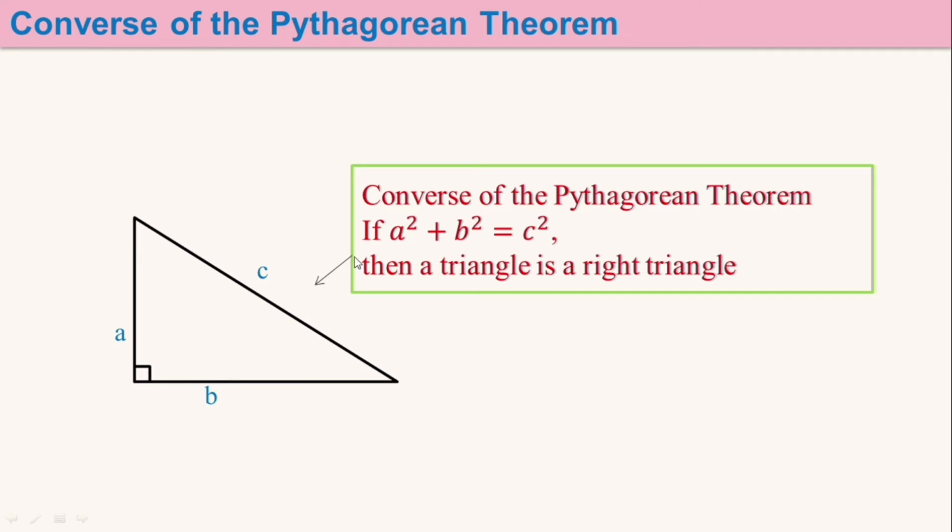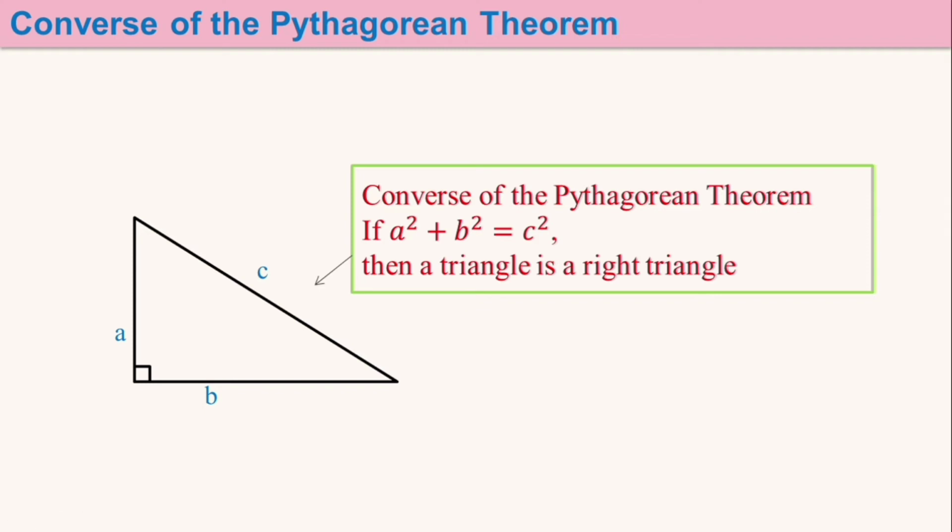So basically if you have all three side lengths and you plug them into the Pythagorean theorem and it works, then the triangle has to be a right triangle. If it doesn't work, then it is not a right triangle.